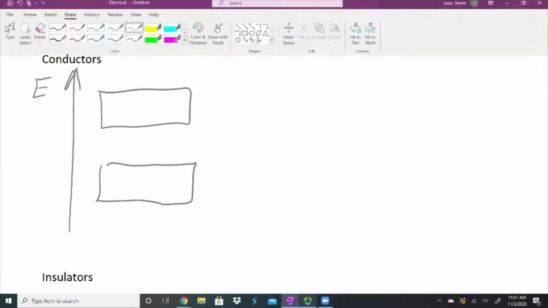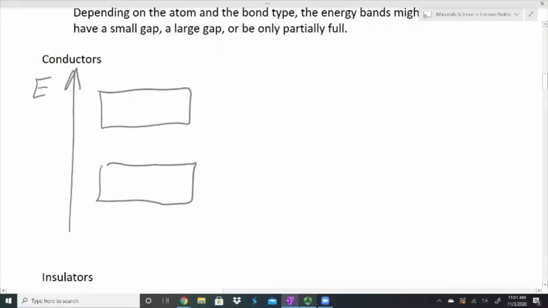And let's say that right now, this bottom band is only half full or part full with electrons. That's what's going to be here. These are my electrons. Hopefully you can see that. That's just me writing my electrons inside of there.